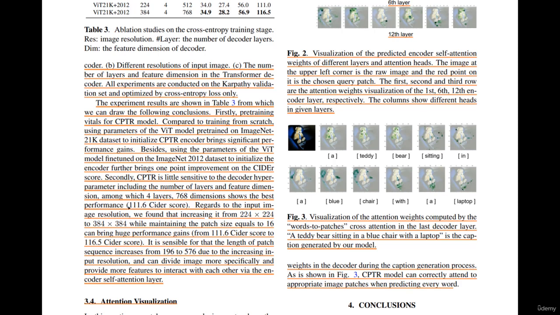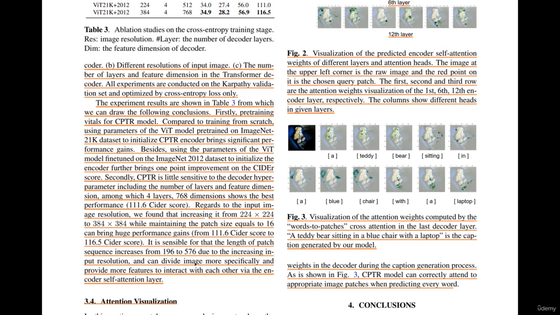Then with respect to the input image resolution, the authors found that increasing it from 224 by 224 to 384 by 384 while maintaining the patch size equal 16 can bring huge performance gains. It is sensible, given that the length of the patch sequence increases from 196 to 576 due to the increase in input resolution.